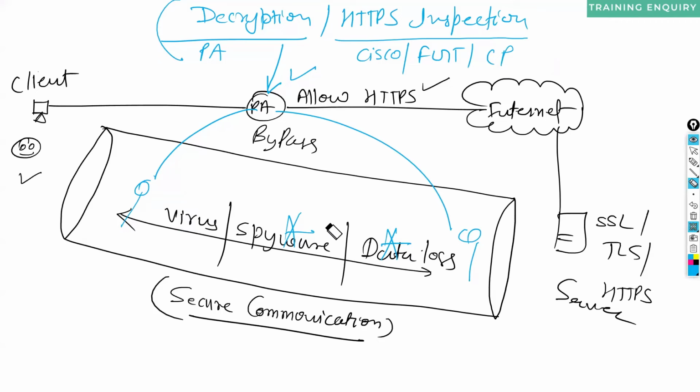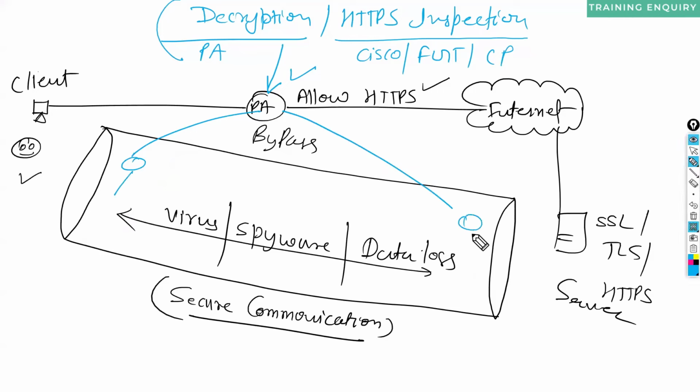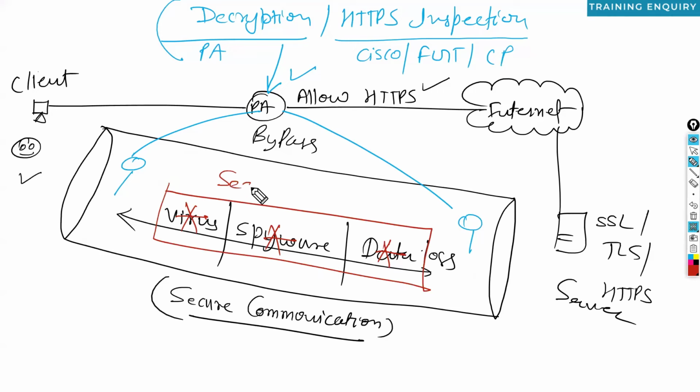When we enable decryption, it provides us the capability to see under the SSL tunnel. If you want to block the virus, spyware and data loss, this task will be done with the help of security profiles.